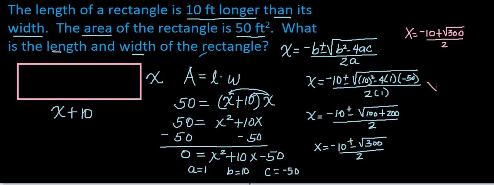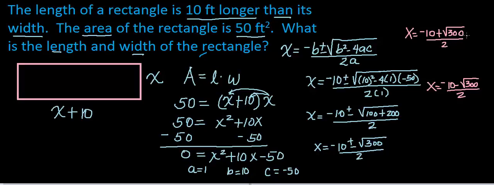And the other x value is going to say -10 minus the square root of 300 over 2. With your calculator, you're going to take the square root of 300 first, and then you're going to subtract 10, because you'll have a positive adding to a negative, you subtract. And then that whole result you will divide by 2.